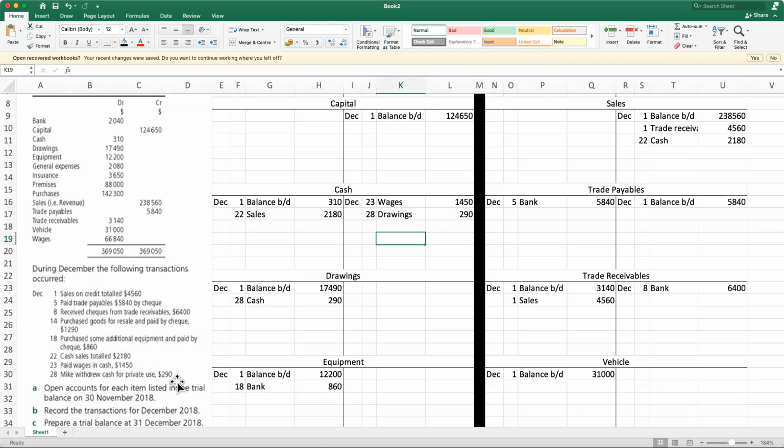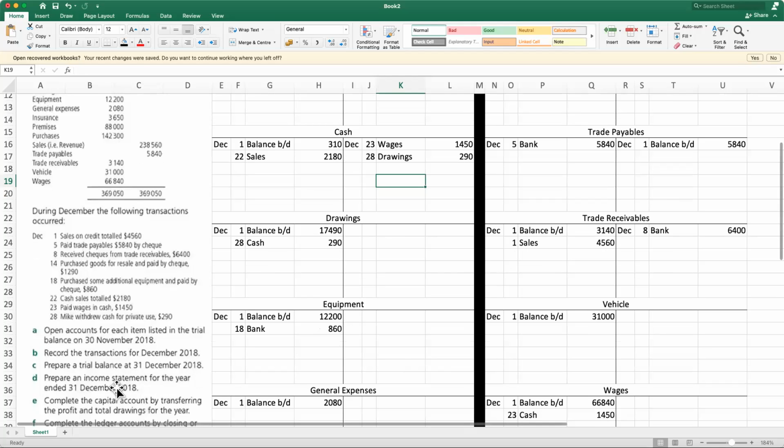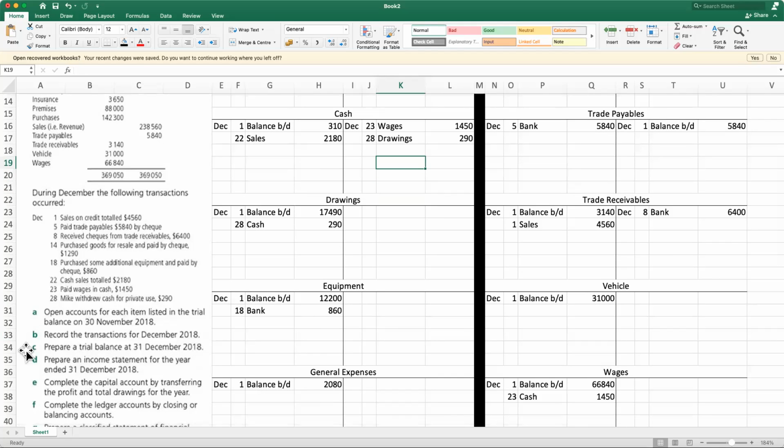Now we're at question C. We need to prepare a trial balance. But here's the thing, I don't want you to do the trial balance before you balance the amounts. So we can actually skip C first, and then we do our D, our E, and our F. Because we need to close or balance the accounts.